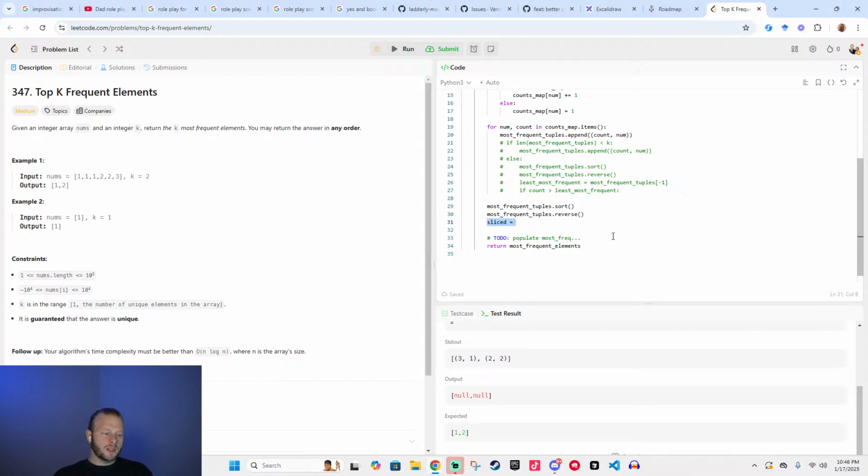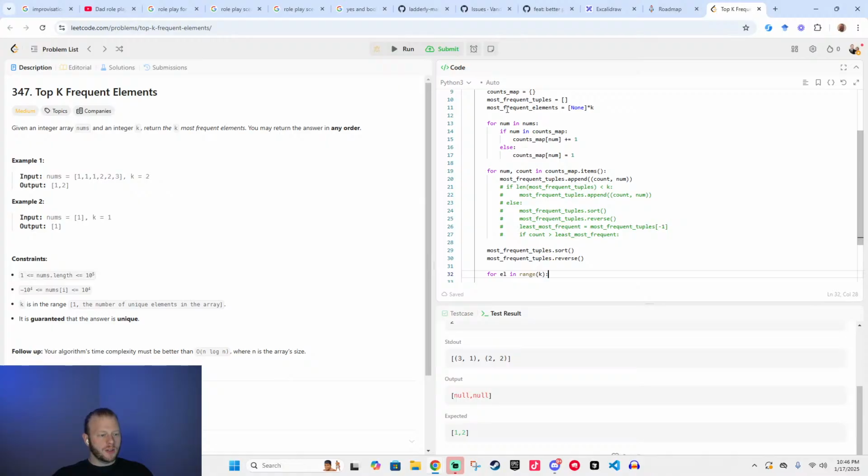Oh, and instead of doing a slice operation, I will say for L in range k, and now the most frequent elements.